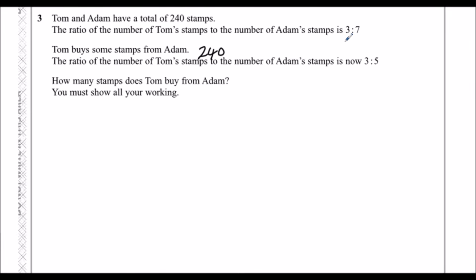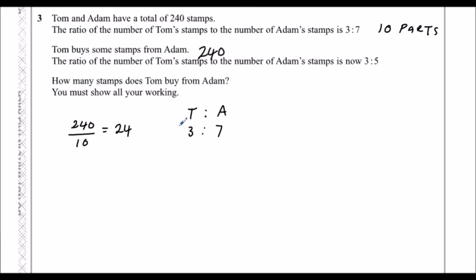So the first one, we've got 3 parts and 7 parts, which is 10 parts in total. So to find out what each part's worth, we'll do 240 divided by 10. So that's 24 for each part. So Tom to Adam is 3 to 7.